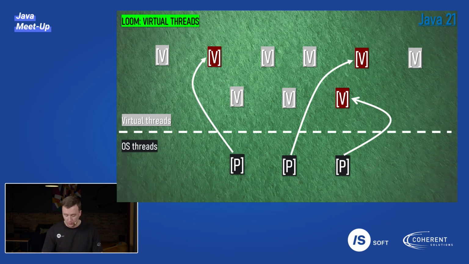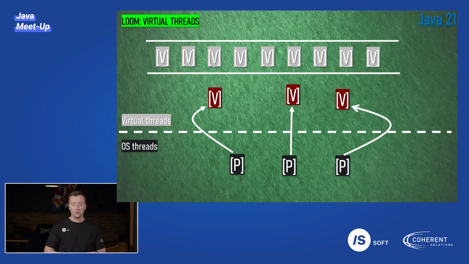Instead of using this mess, we can think about a common queue. And what can we do with it? Our 3 operating system threads can work with 3 virtual threads to do some work.